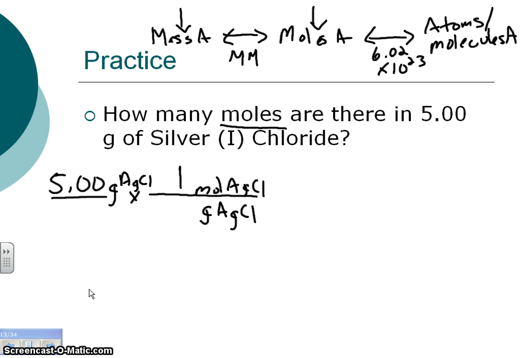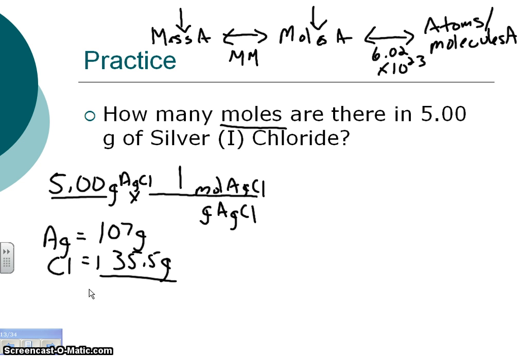We know that Ag, or silver, weighs 107 grams, and we know that chlorine weighs 35.5 grams. We're going to add those 2 up, and we know that 1 mole of silver chloride weighs 142.5 grams.